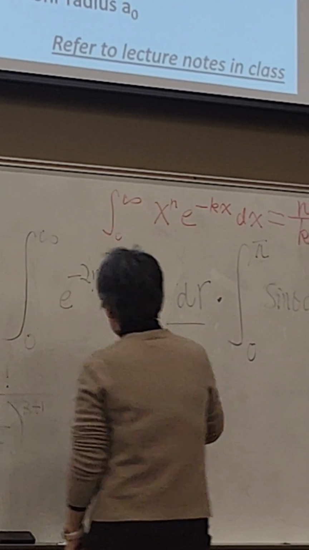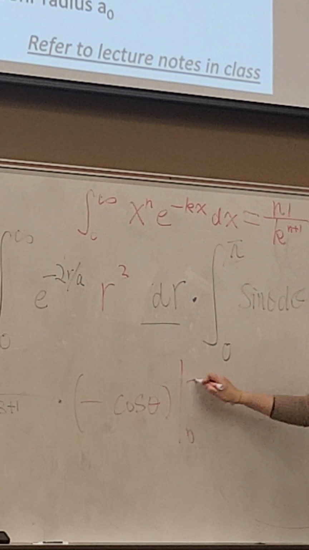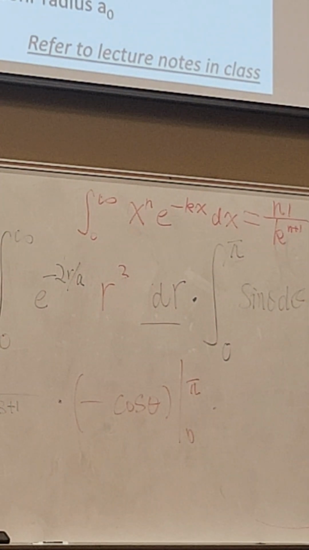So this will be out of, right. Is it a cosine theta? Negative cosine theta? Of course you can use that book too. It is equal to cosine theta. Now how about this guy right here?